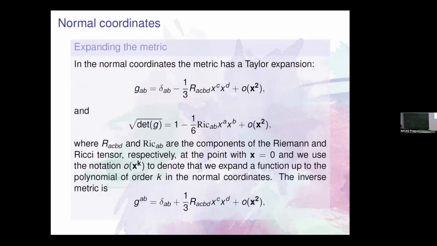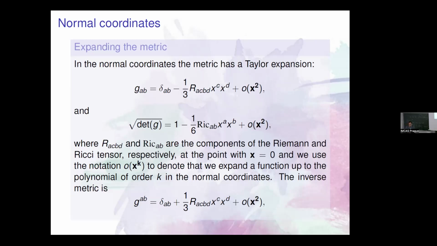And of course, the good part of that is that we use normal coordinates. And why do we use normal coordinates? Because in normal coordinates, you can make an expansion around the point. So you fix a point on the manifold, you introduce normal coordinates around it, and then you can write the metric around it very nicely.